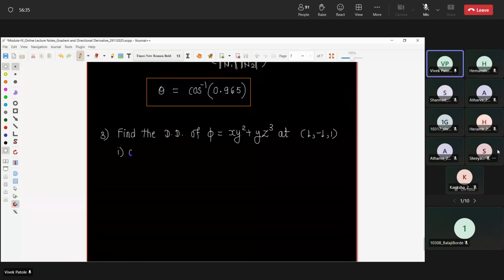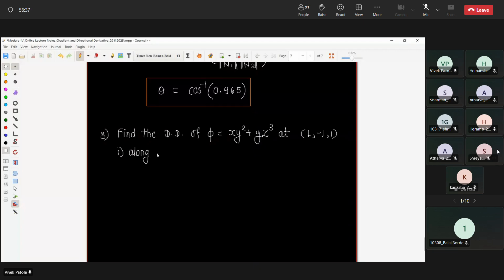First, along the vector i cap plus 2j cap plus 2k cap.